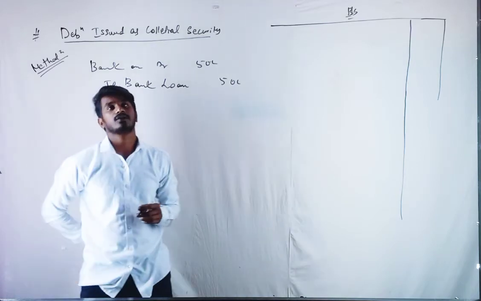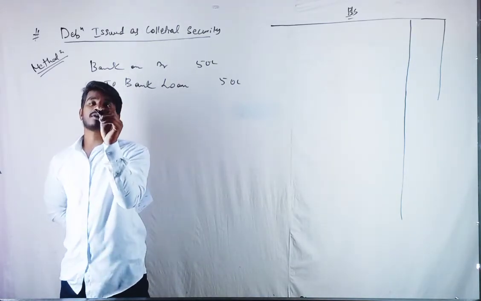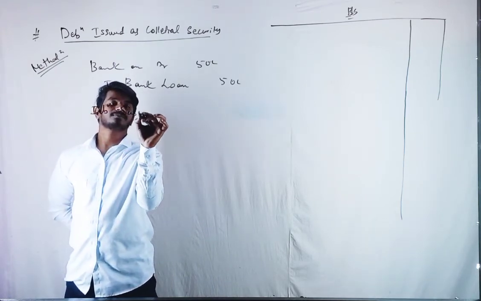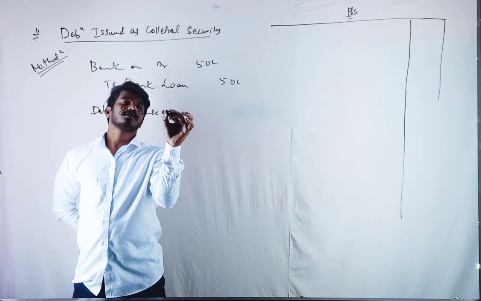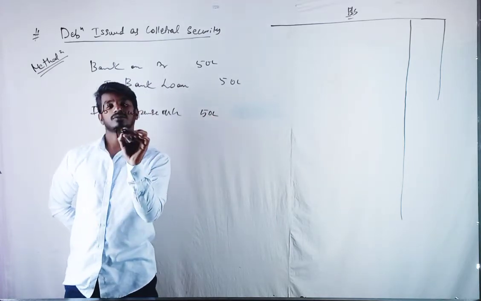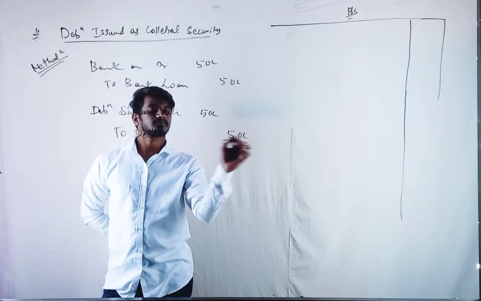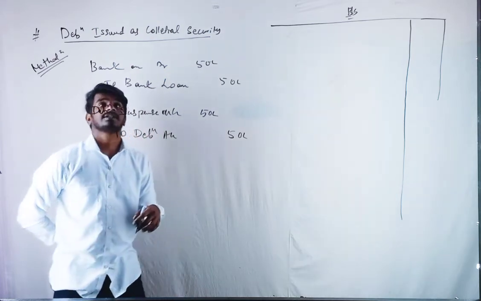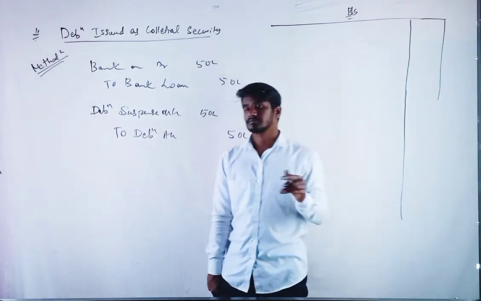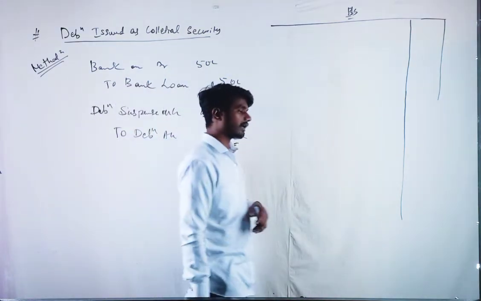And in method 2 we will make an entry for the mortgage also: debenture suspense account debit to debenture account, 50 lakh.